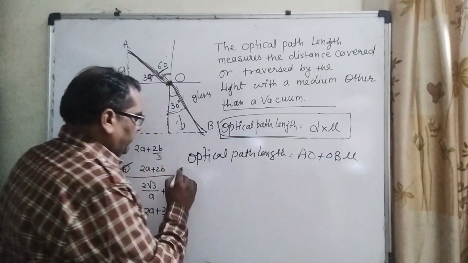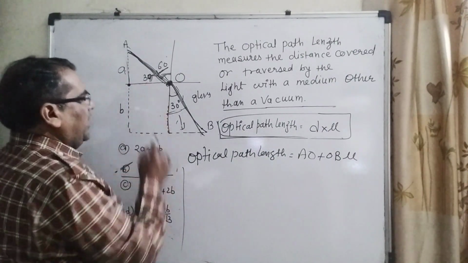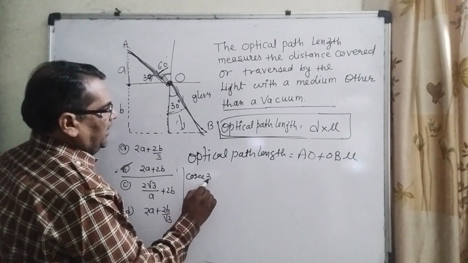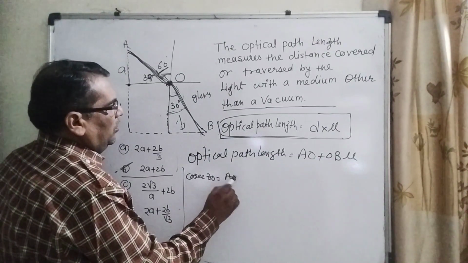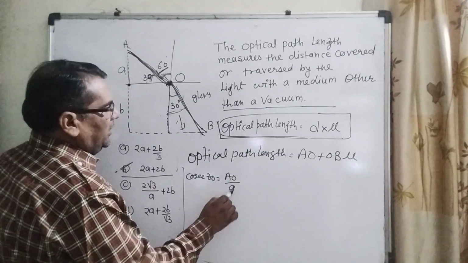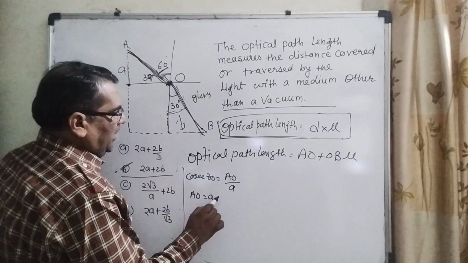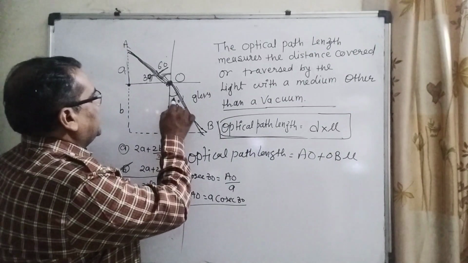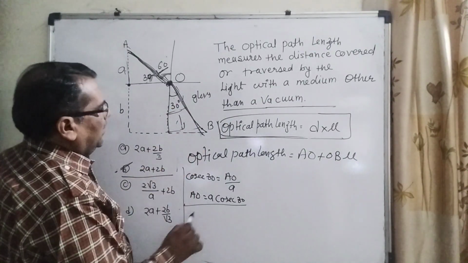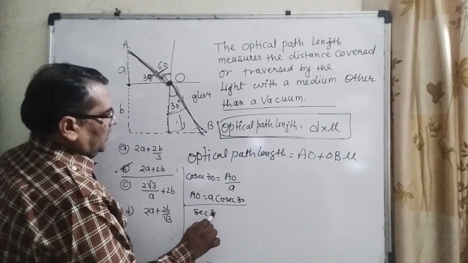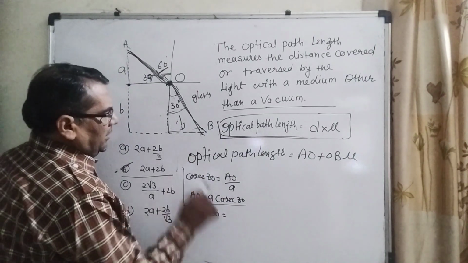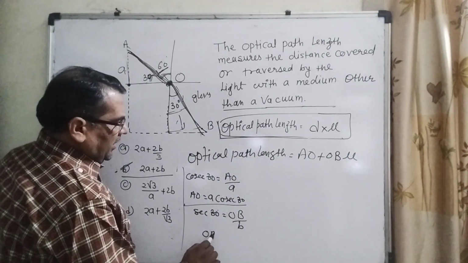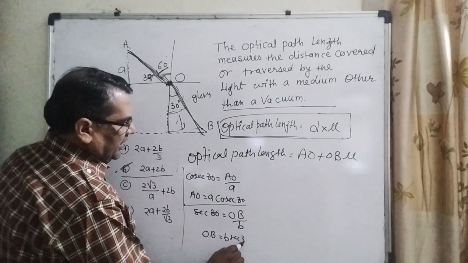Then we have to find AO. We can use cosec 30 equals hypotenuse upon perpendicular, that is AO upon A, so AO can be written as A cosec 30. Similarly, sec 30 can be written as OB upon B, so OB can be written as B sec 30.